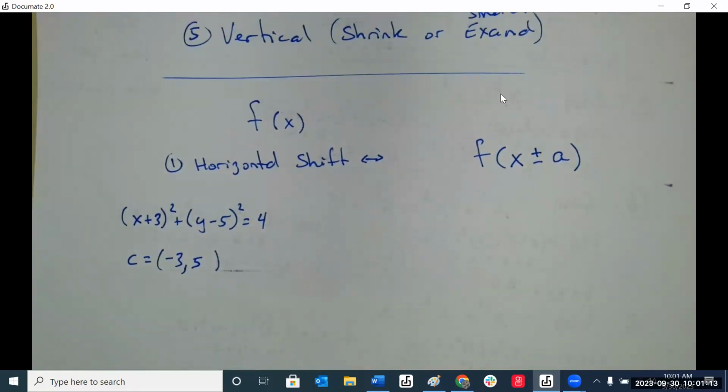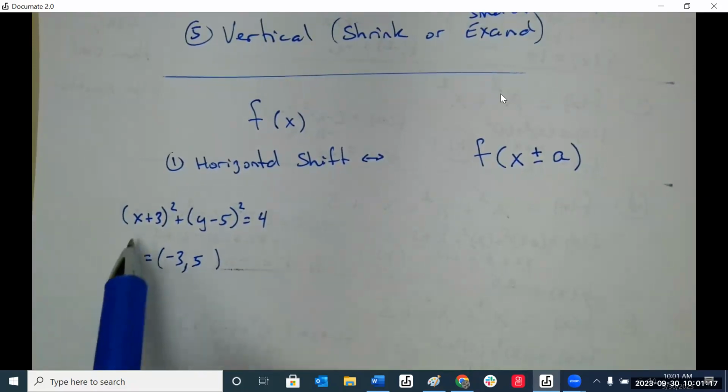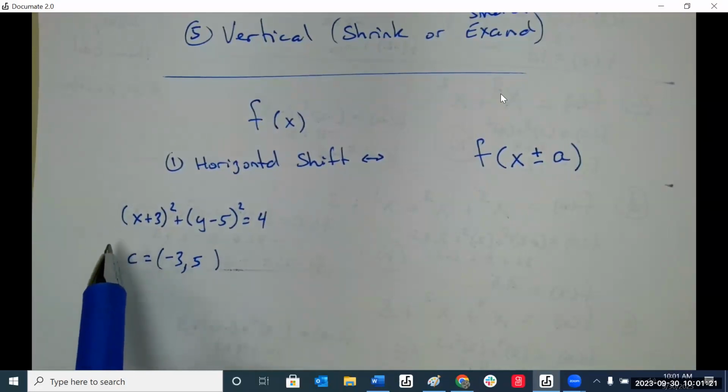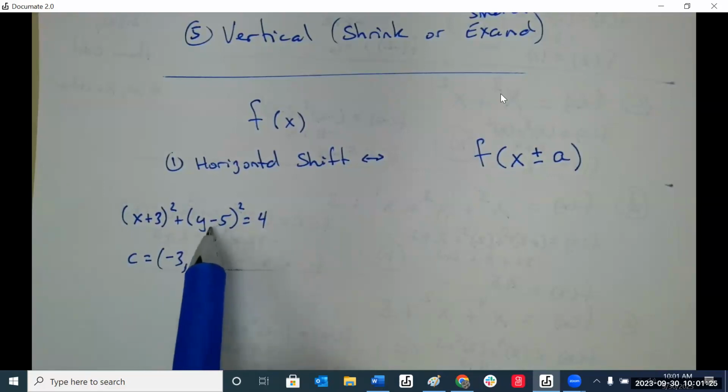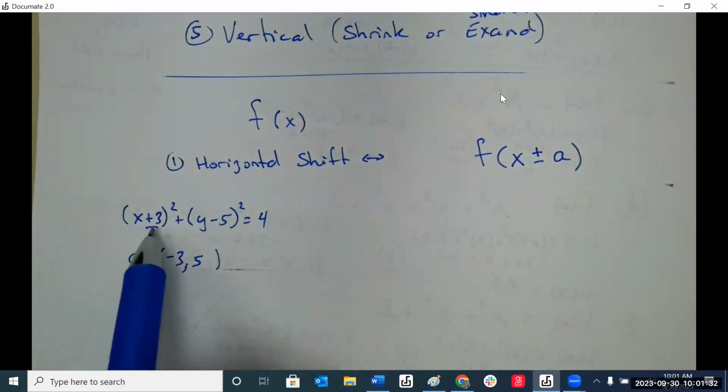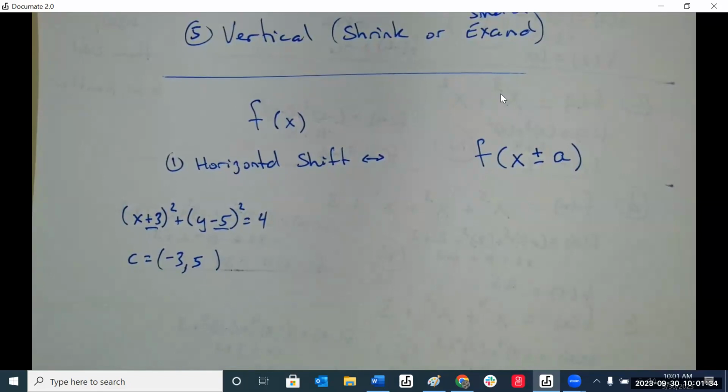Because originally the center's at the origin. It's at 0, 0. If I move it to x plus 3, what does x have to be to push it back to the origin? -3. And same thing as y. If y minus 5, what does y have to be to put it back at 0? 5. So it's always the opposite of what's inside the parentheses.